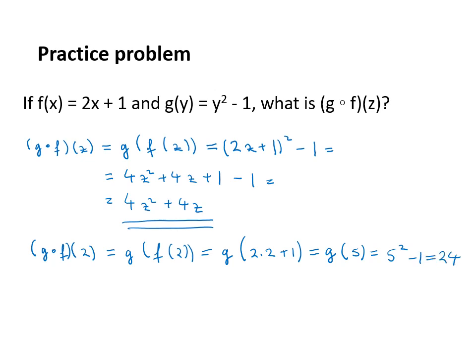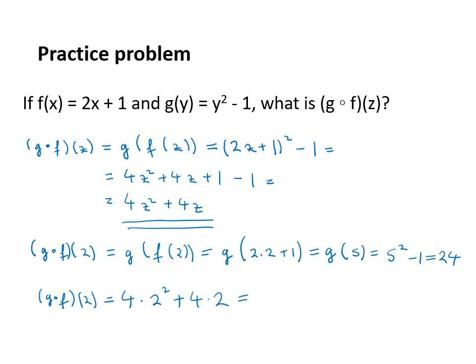So that's one way to do it, and the other way is to plug it directly into 4z squared plus 4z. So g of f of 2 is equal to 4 times 2 to the power of 2 plus 4 times 2.